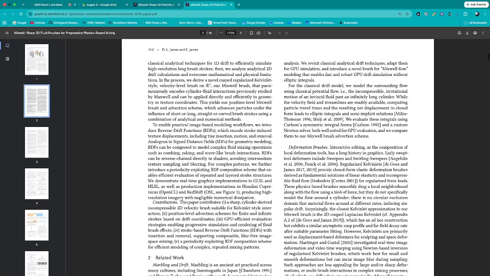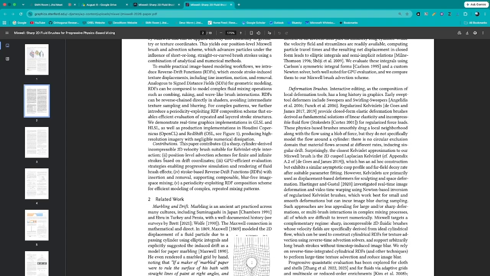Let's see. So they talk about the contributions here. This paper contributes 5 things to the field. The first is a sharp cylinder-derived incompressible 2D velocity brush suitable for Kelvinlet style interaction. The second is that we have position-level advection schemes for finite and infinite strokes based on drift coordinates. 3, GPU-efficient evaluation strategies enabling progressive simulation and rendering of fluid brush effects.